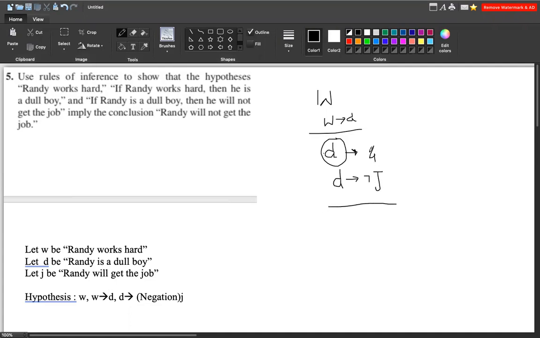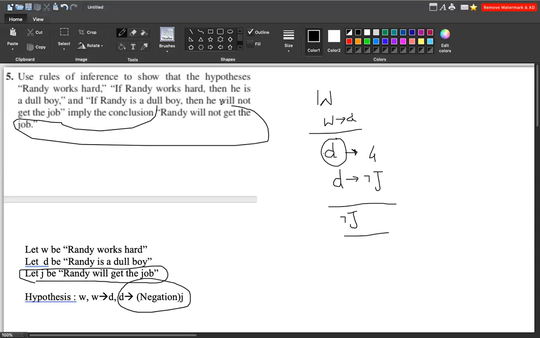So we use number 4 and the third hypothesis over here. So we apply the modus ponens rule again, and then we get negation of J, which basically means that J represents Randy will get the job, so negation of J will represent Randy will not get the job, right? And this is what we have to find. Randy will not get the job.